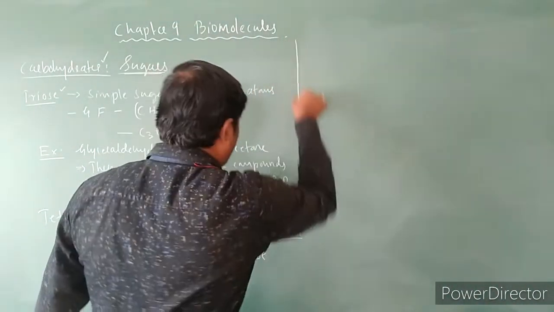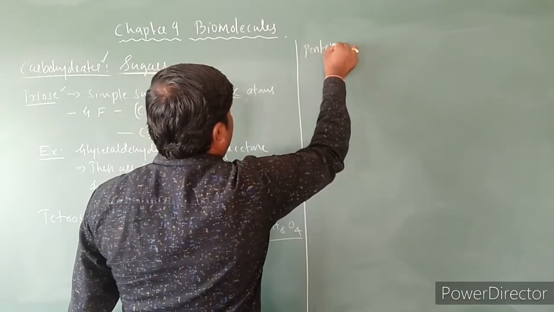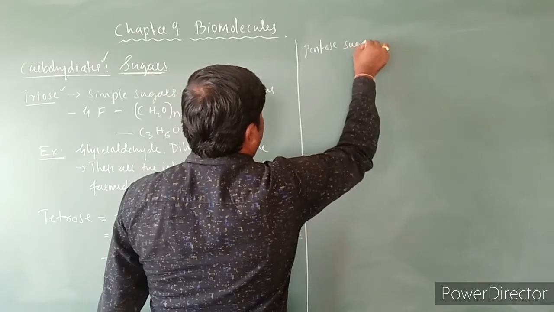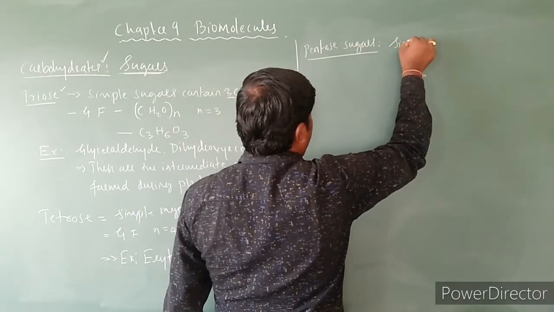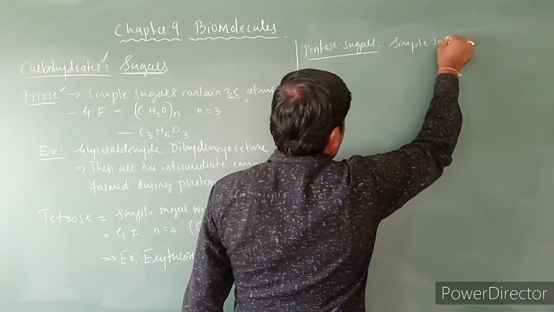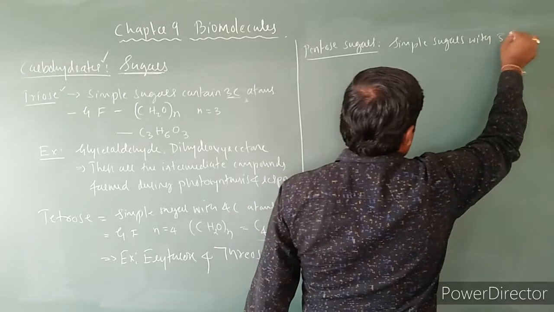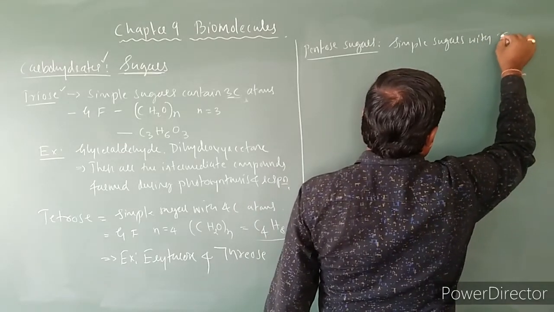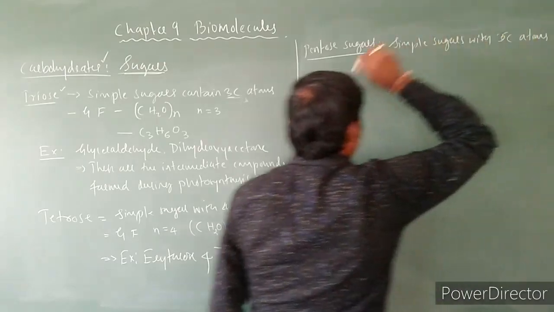And the next we shall go to the pentose sugars. Very important ones. Pentose sugars are simple sugars with 5 carbon atoms in their structure.